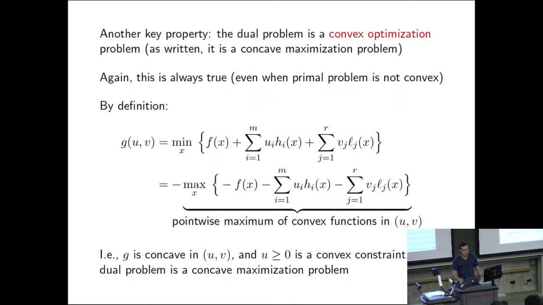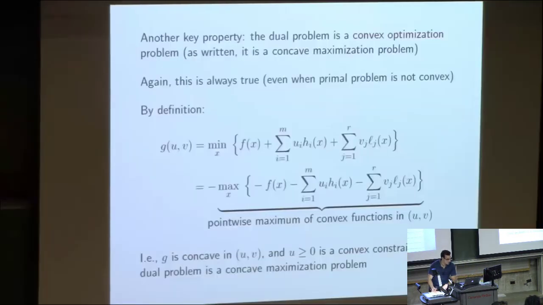So why is that true? That's true for a very trivial reason. We just are going to use one operation that preserves convexity. The dual function, by definition, is the minimum of the Lagrangian over all x, right?